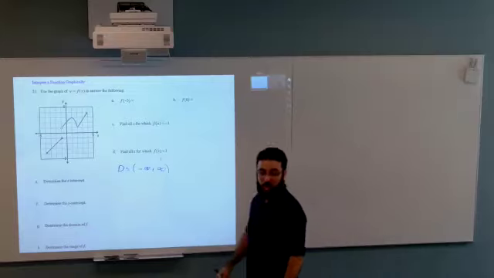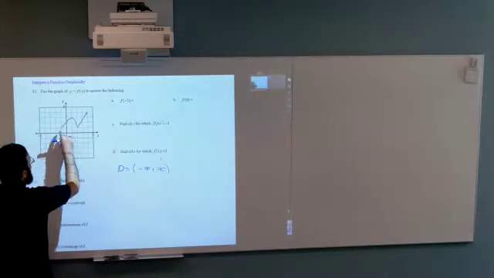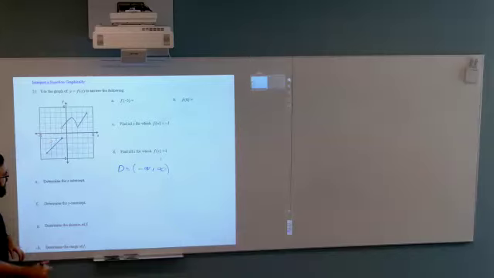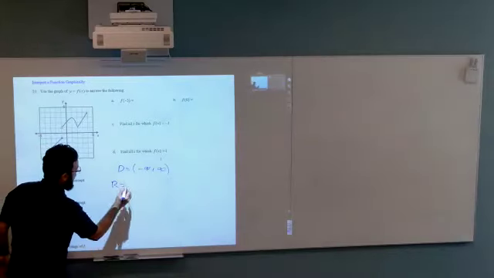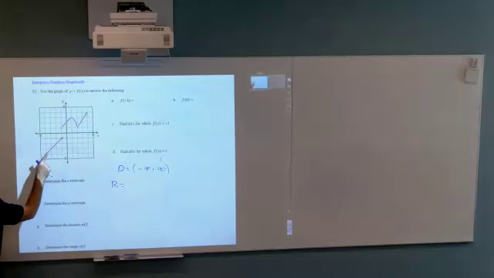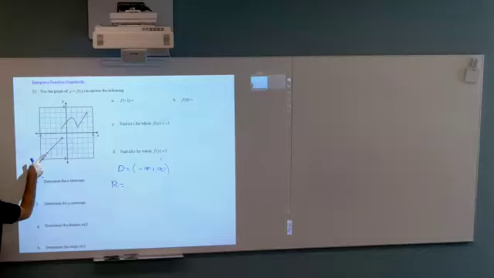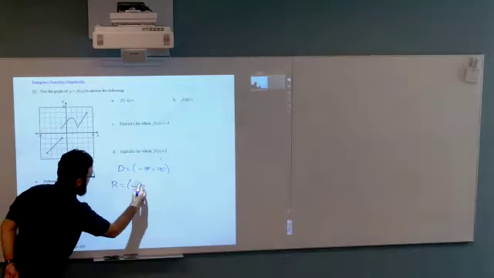No. Because check here, oh, there is a gap. There is a gap. The function is undefined here. So now, write down the range for this piece. This one goes where? Negative infinity, okay, so negative infinity to where?